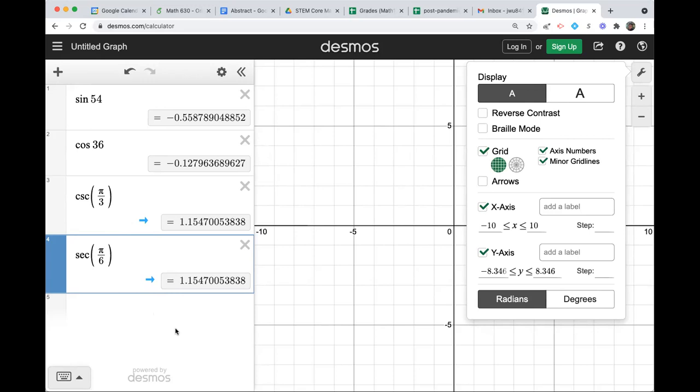Such a small thing, but I share this with you so that if you get an answer that you know is correct, and you try to check it on a calculator or Desmos, and that technology platform tells you you're wrong, don't panic. Go back and ask yourself, did I tell that technology everything it needed to know?